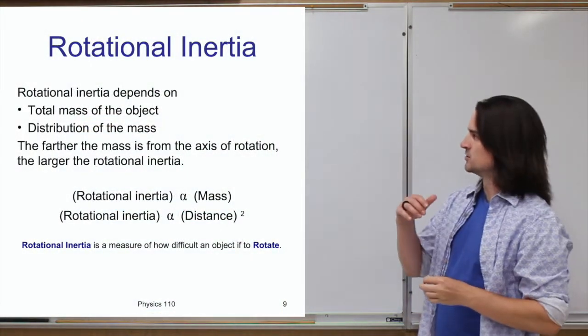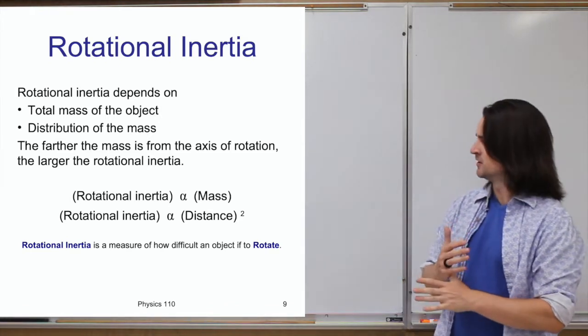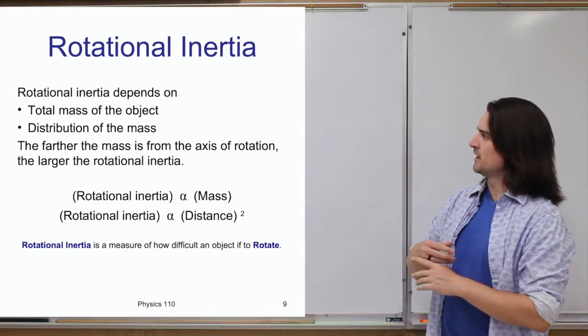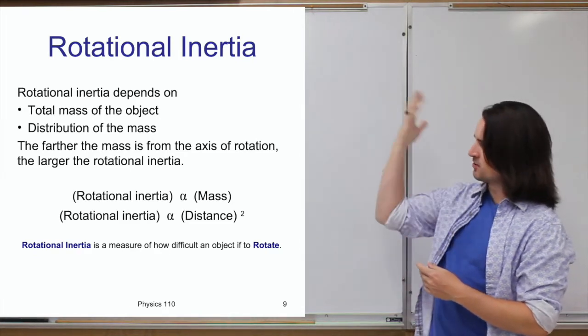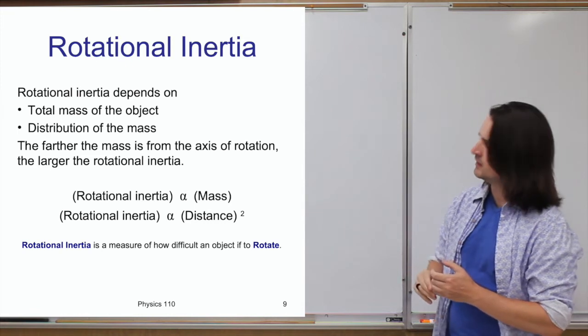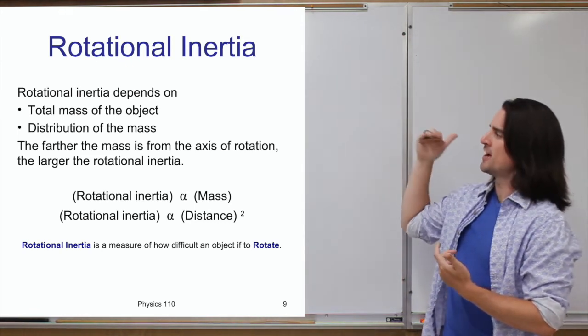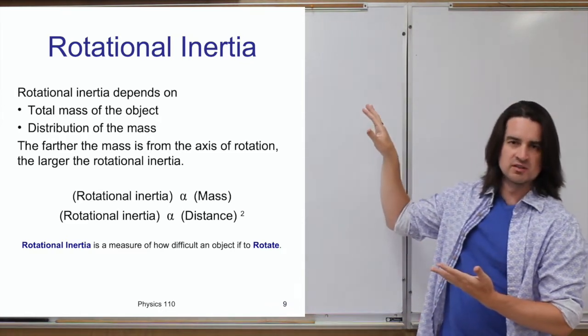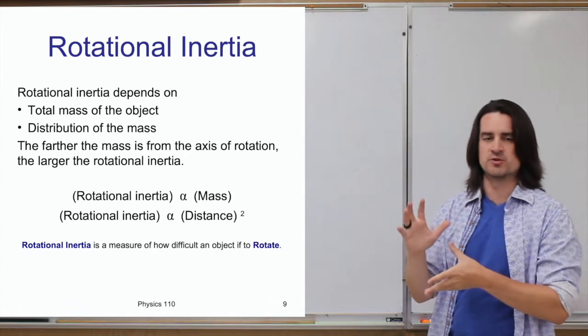Okay, so a little bit more detail about rotational inertia. It's going to depend on, like I said, the total mass of an object. So the greater the mass of an object, the greater its rotational inertia. And in a way, it depends on how the mass is distributed about the axis that you're trying to get it to rotate about.